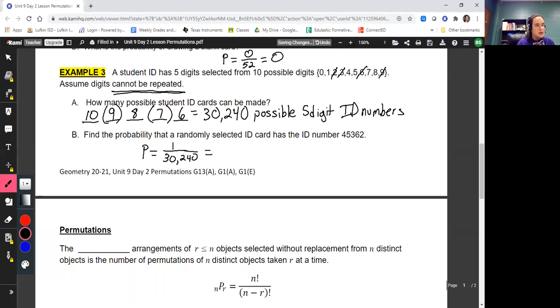And that as a decimal is 0.000033. And if we were changing that to a percent, remember you move your decimal over 2 times to the right. So that would be 0.0033%.